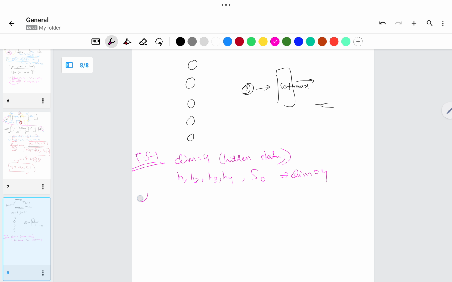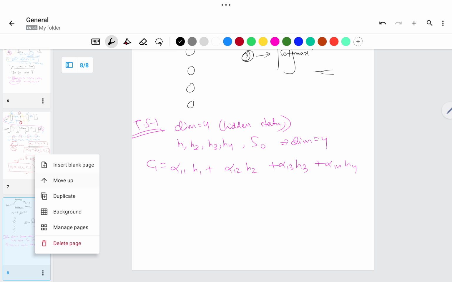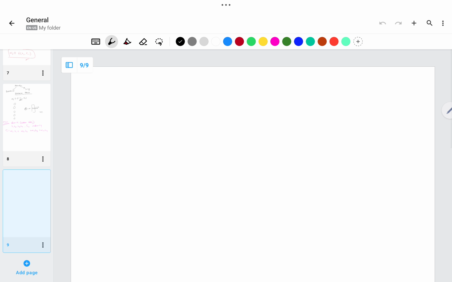We are trying to calculate C1, which will look like this. So these are the alignment scores: alpha 11, alpha 12, alpha 13, alpha 14. These are the alignment scores that we wish to calculate. What we now do is we concatenate S0 along with H1, H2, H3, H4.